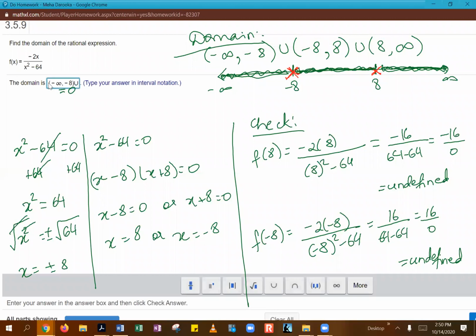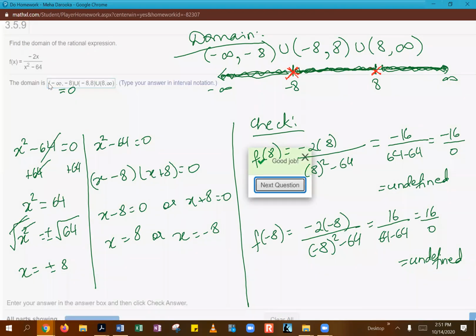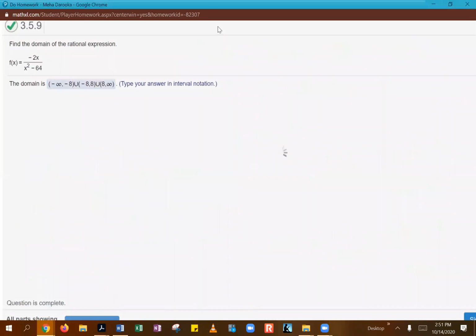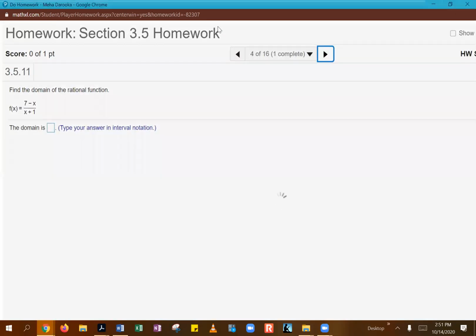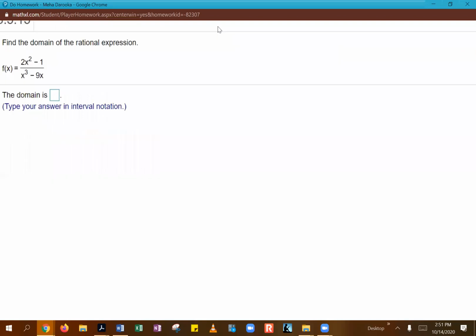So just remember, in this case, since you are not including the endpoints, everything will have parentheses on them. And that should be it. So you have a couple questions on this domain example here.